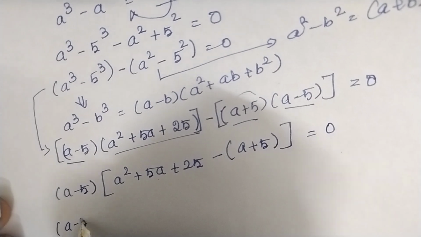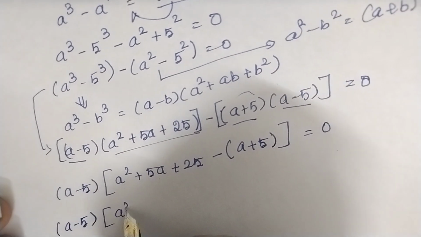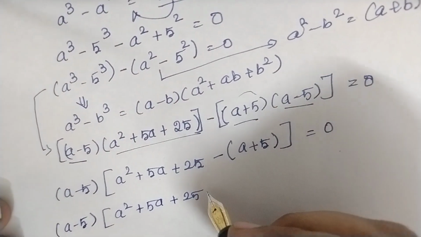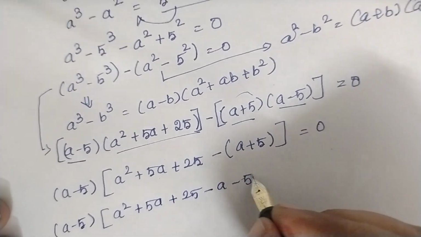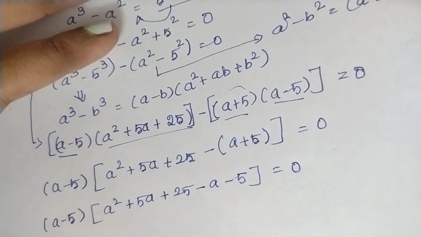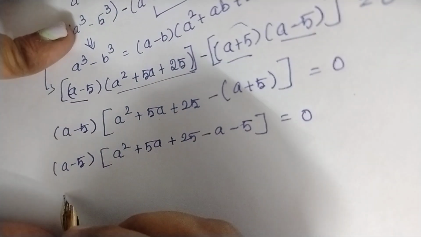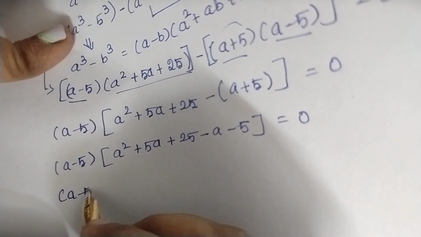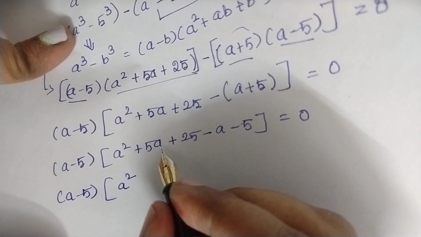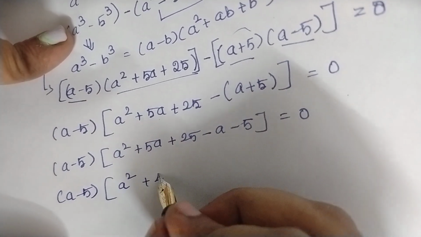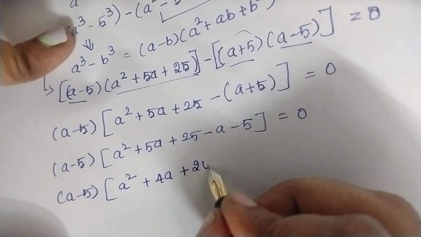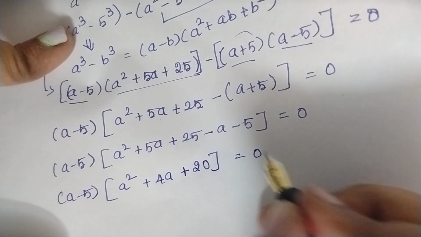So just multiply the minus inside, therefore minus a minus 5, okay, which is equal to 0. So now if you see here, a minus 5 of, so just write a square, 5a minus a is plus 4a, similarly plus 25 minus 5 is 20 which is equal to 0.